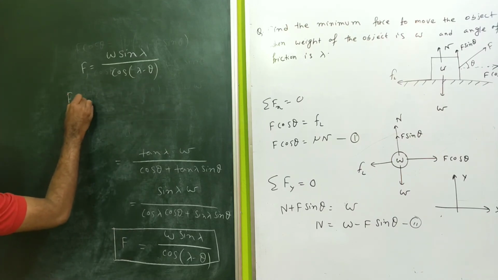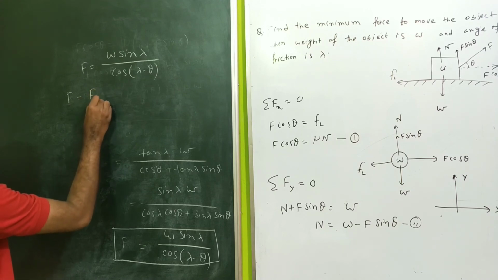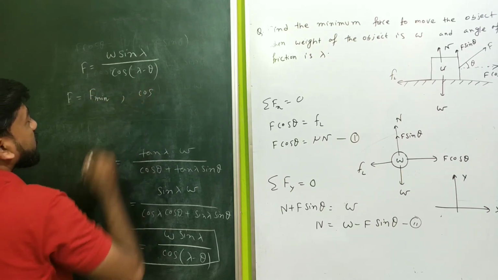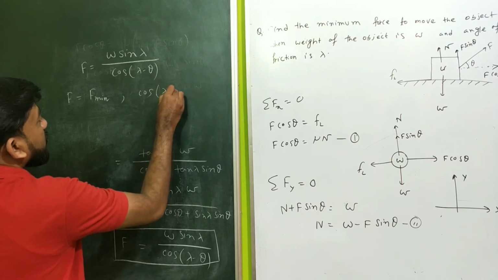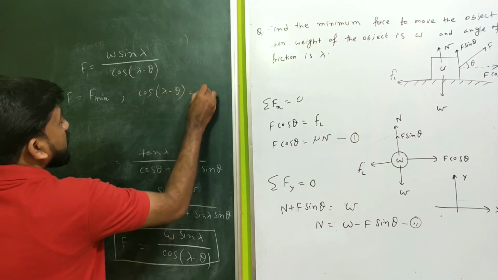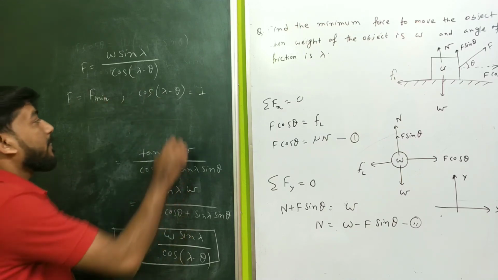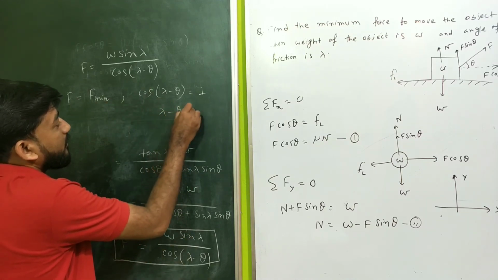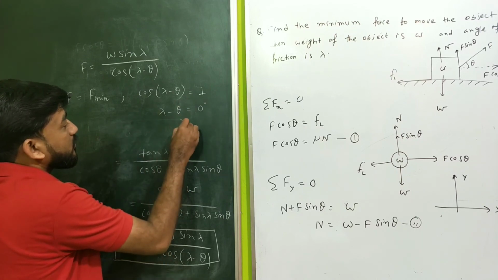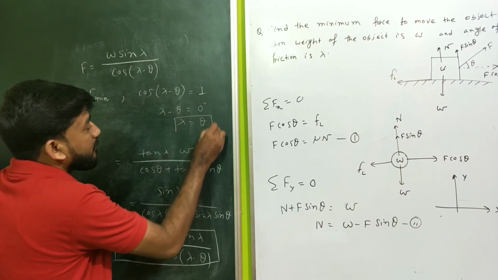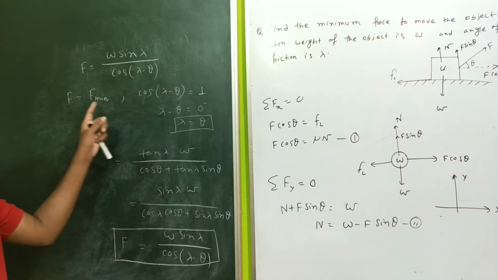So obviously you can write that F is equal to F minimum when cos of lambda minus theta is equal to 1, because the maximum value of cos is 1. So we will get lambda minus theta is equal to 0 degrees. So obviously lambda is equal to theta. So we achieve the condition for minimum.